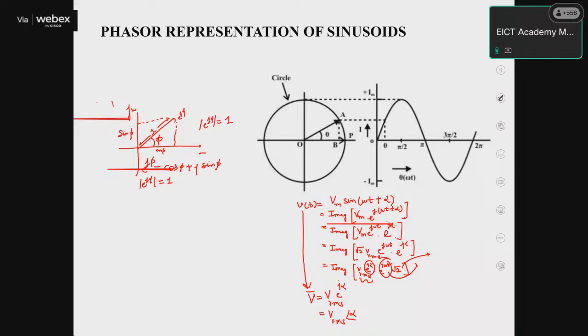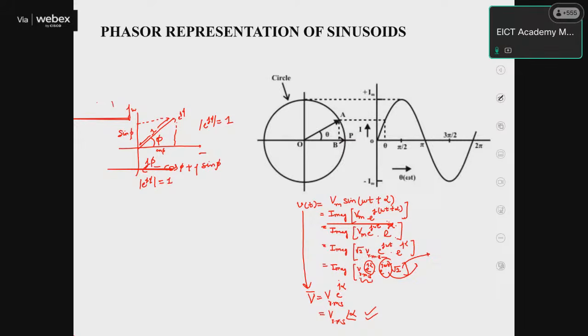So basically, this voltage has been represented in the form of a vector having a magnitude and an angle. But look at this factor, e raised to the power j omega t, it gives an angular rotation at the frequency of omega. So it is rotating at an angular frequency of omega.